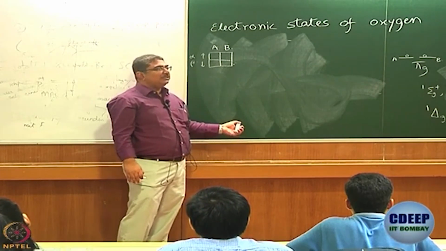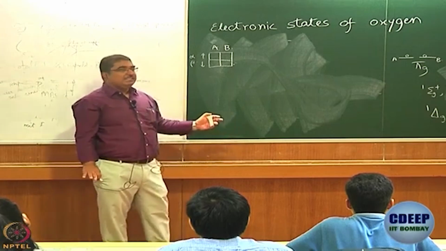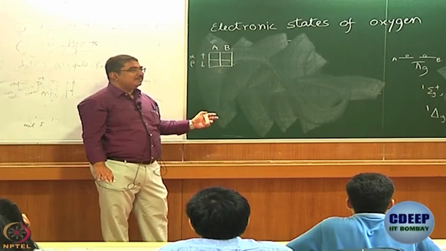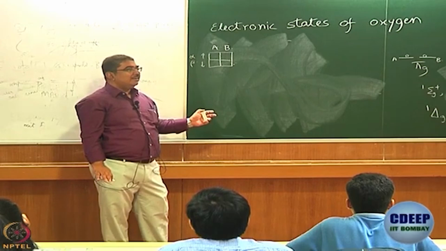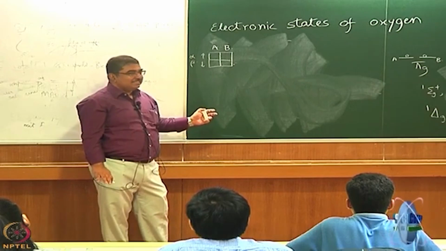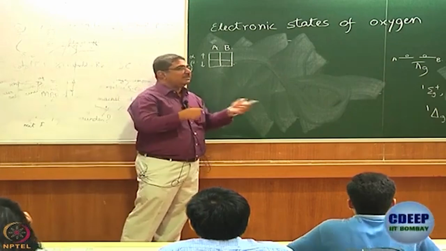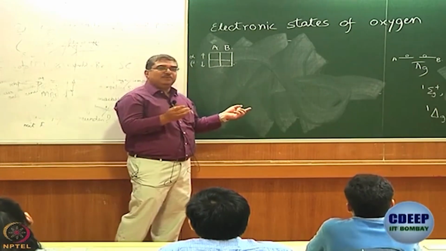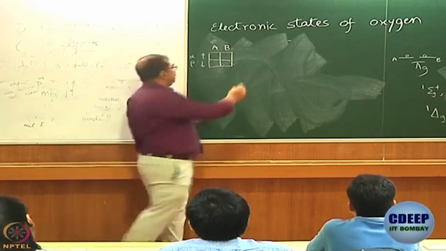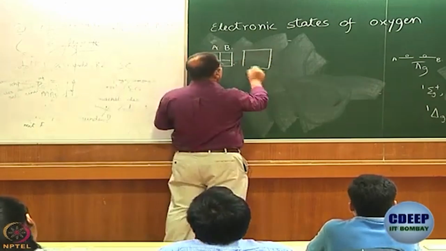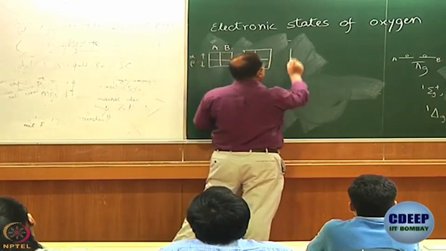4C2, how much is 4C2? 6. Why is it not 4P2? Yes, the objects are identical, right? Permutation comes only when you distinguish between the objects. Here the combination is the only thing that is important. So, we know that we should be able to draw 6. So, let me draw 6 boxes first.